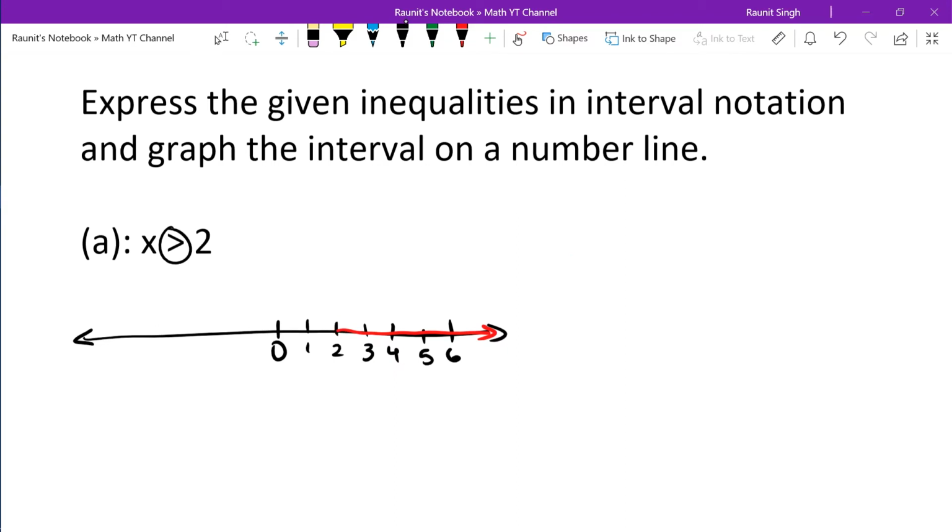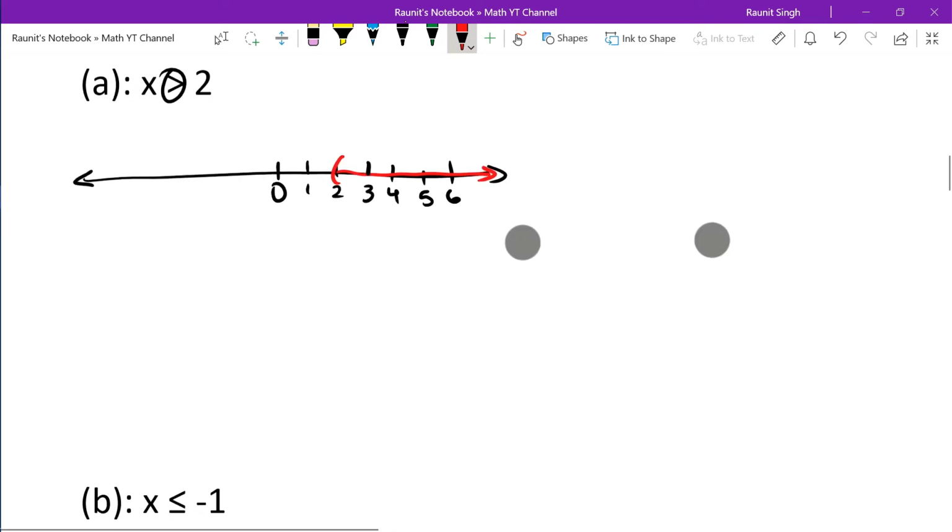You can do it either way. I really have no preference. If I do an open dot, just remember that it doesn't have the bar below the greater than or less than sign. So I'm just going to do it like this for this one.